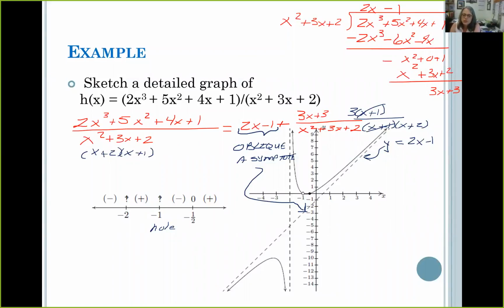But the x + 1 gets canceled out because it divides away when we do this long division. The whole shebang simplifies as 2x - 1 plus 3 over (x + 2).